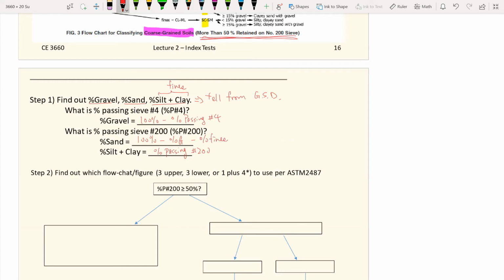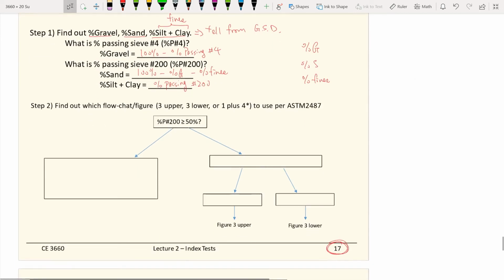Whatever is left over, the stuff that is not gravel and not fines, has to be sand. So first you establish all these percentages. Then it helps you to move on.